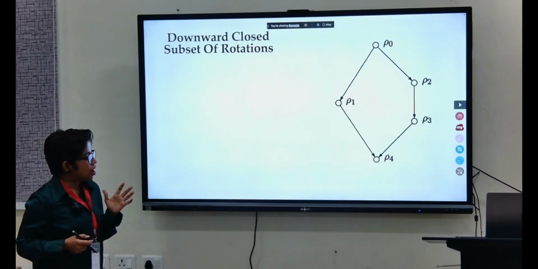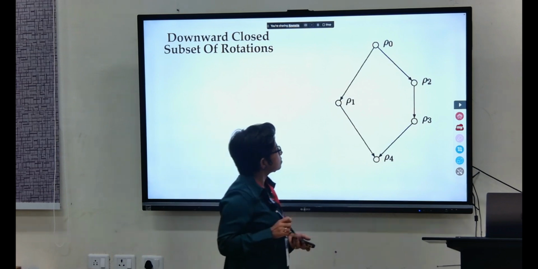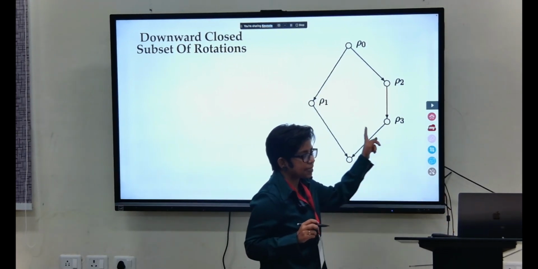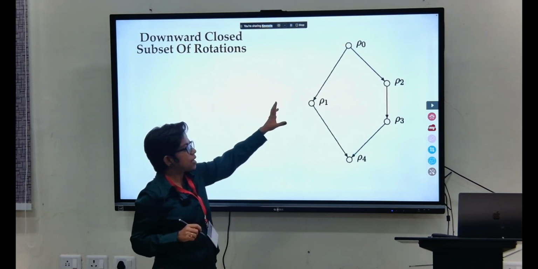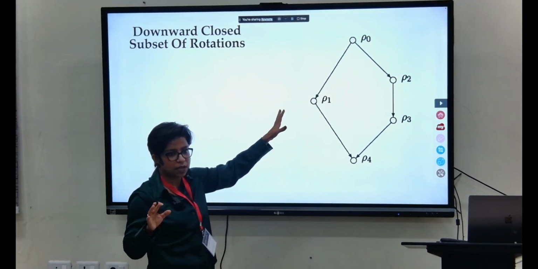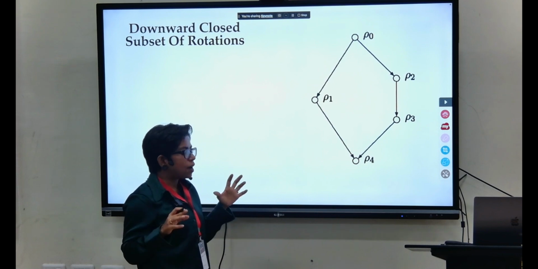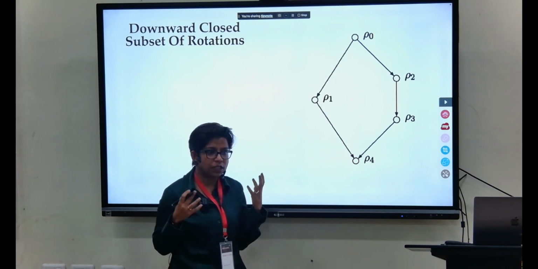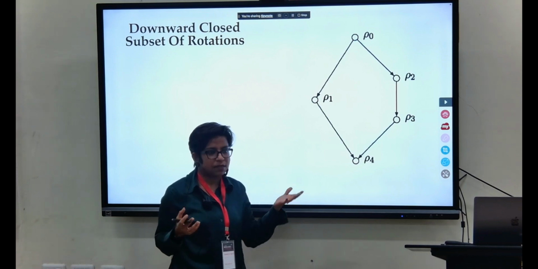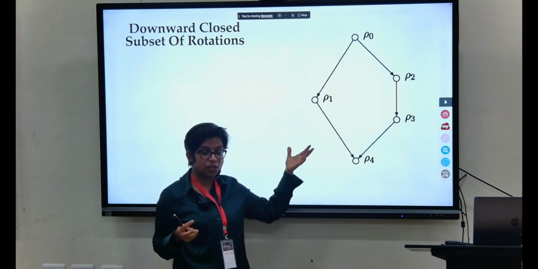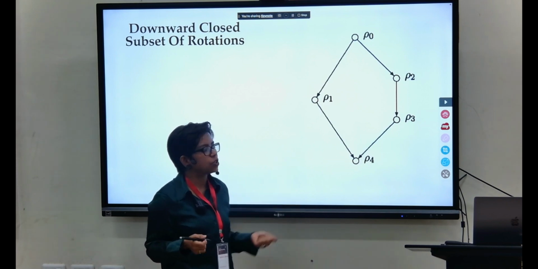Okay. Now, what is that relation? We will work with this example, and this is the rotation poset. I am going to define an object called a downward closed subset. It is a subset of rotations which has this particular property.